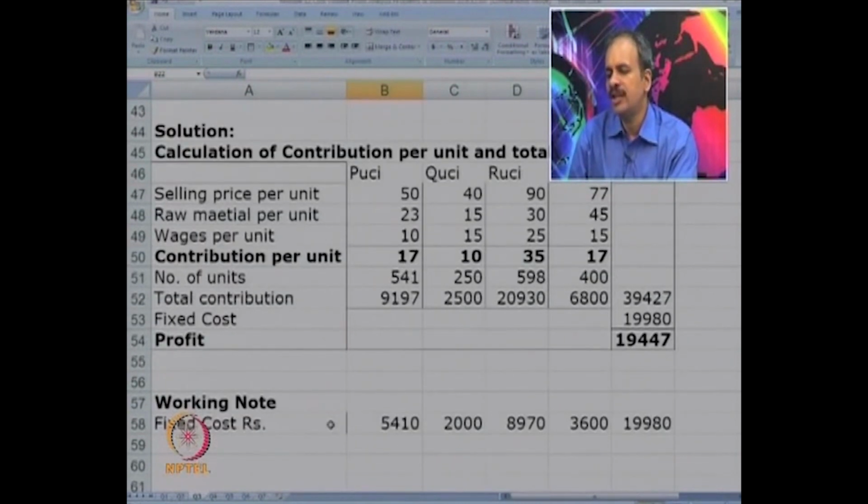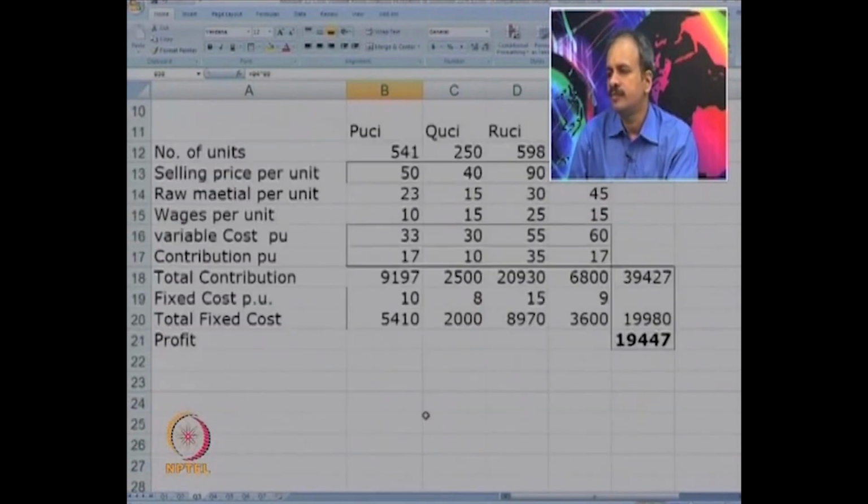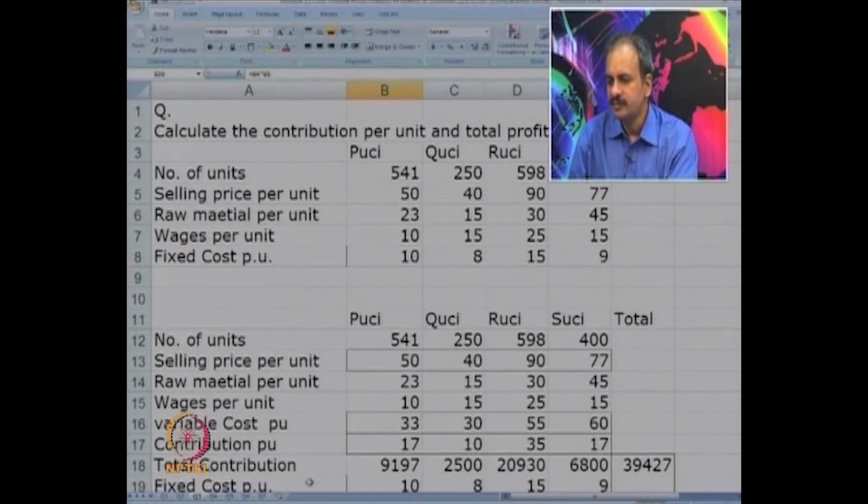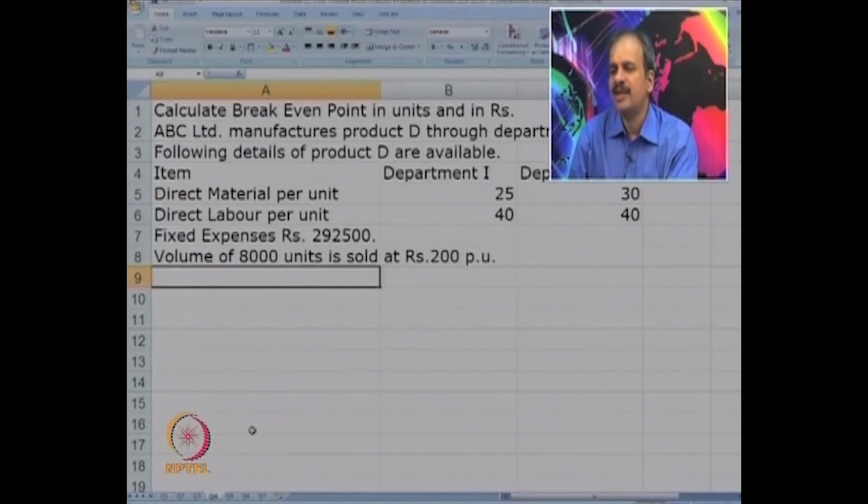This is the way also it can be calculated if you calculate fixed cost separately below. Now let us look at the last case for the day, that is on break-even point analysis. We have to calculate now break-even point. There is information about 2 departments, D1 and D2.